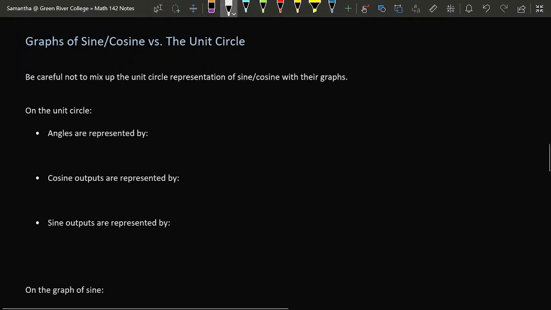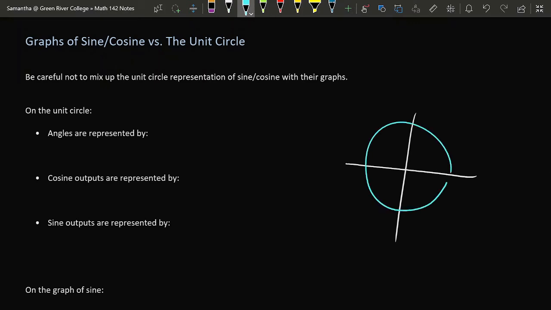On the unit circle, angles are represented by literal angles drawn in the circle. So if I wanted to represent an angle in the unit circle image, I would literally have to crank through an amount of turning that is given by the angle alpha that I'm considering.